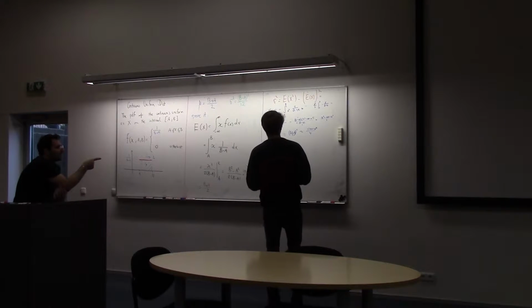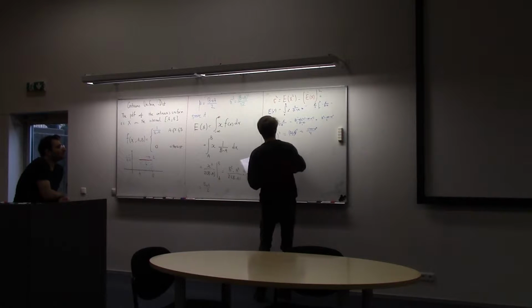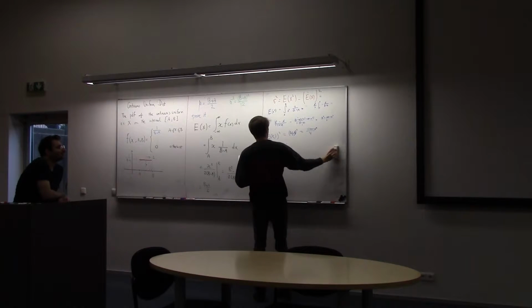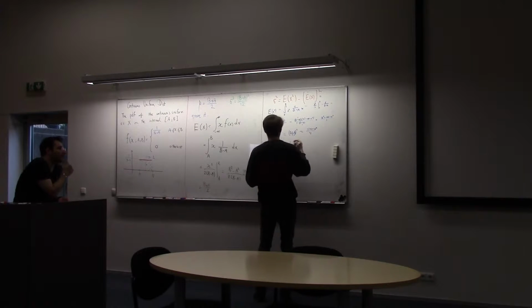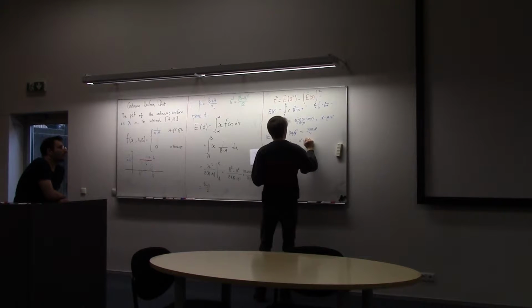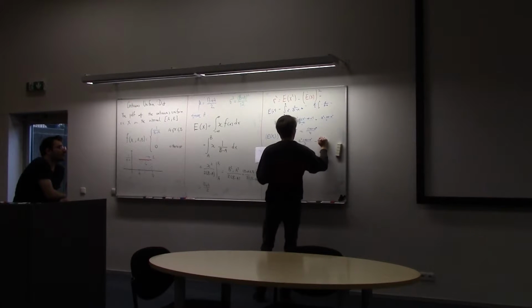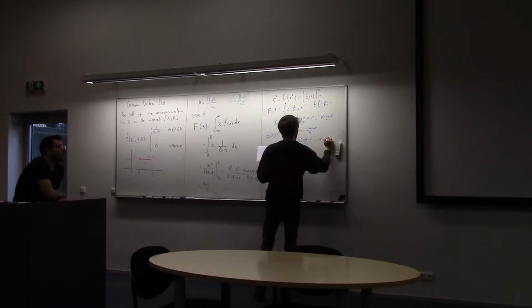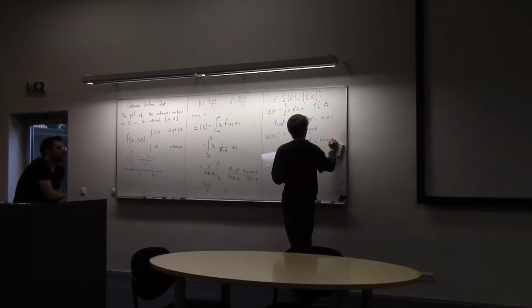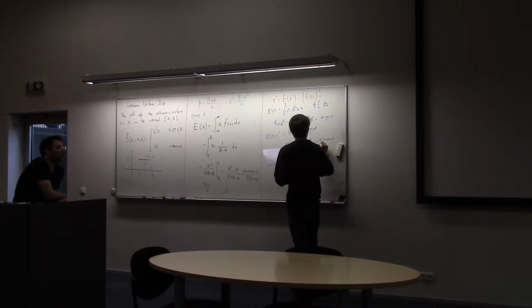Write down sigma squared is equal to, just subtract the 2 terms: B squared plus AB plus A squared divided by 3, minus B squared plus 2AB plus A squared divided by 4.